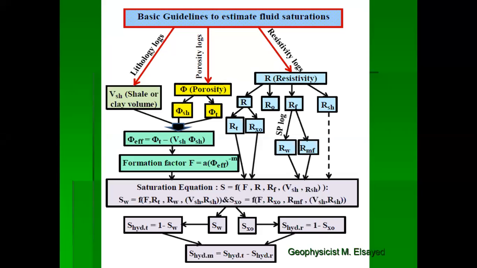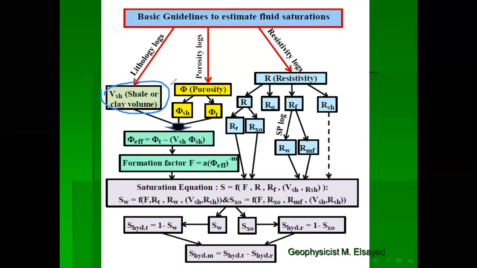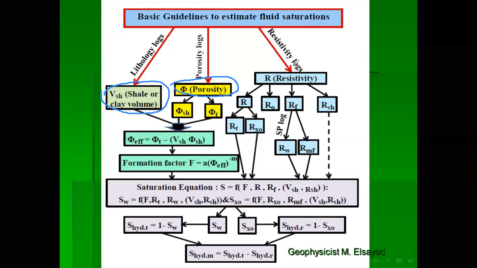Our basic input is data for estimating V shale, data for estimating porosity, and data for reading the resistivity. We can estimate V shale primarily from gamma ray and SP, so all of these logs are displayed in track number 1 in the triple combo.